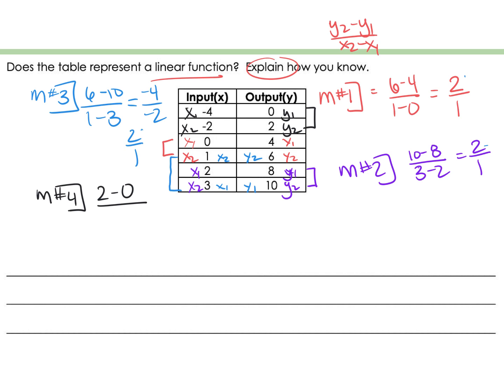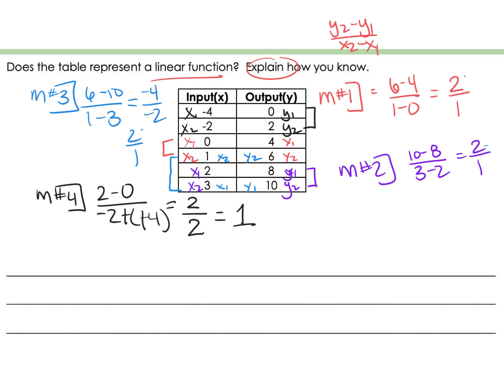And I'm going to get negative 2 minus negative 4. So that gives me 2 over, this means plus, negative 2 plus 4 is 2. See, y'all? That's 1.